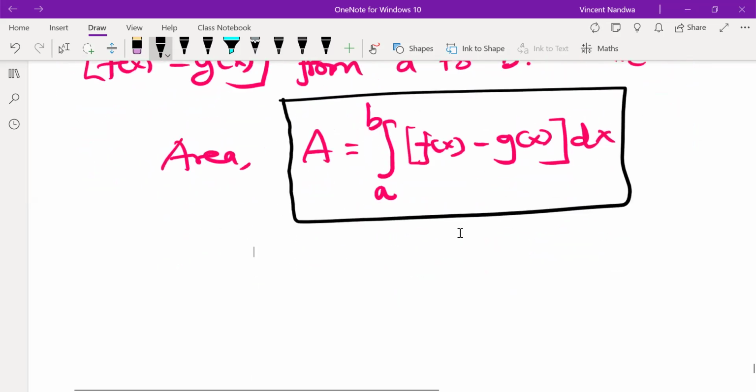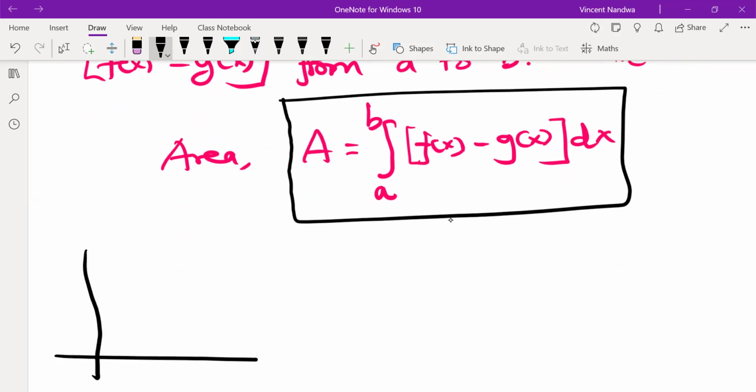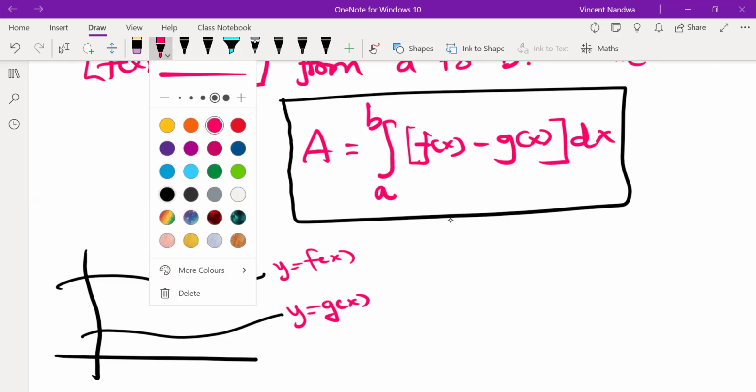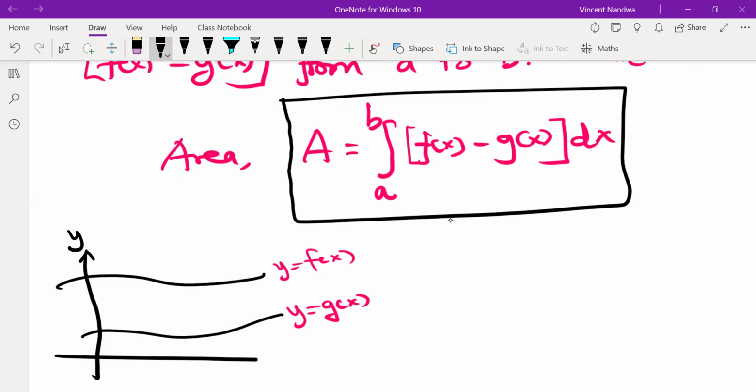So maybe we can sketch this. Actually, this is how a scenario looks. We can have this as one function, this as the other function. So this will be y equals f of x. This is y equals g of x. So this is the y-axis. This is the x-axis, 0.